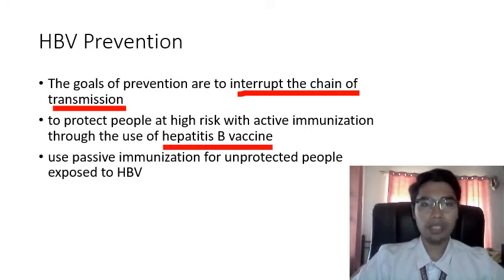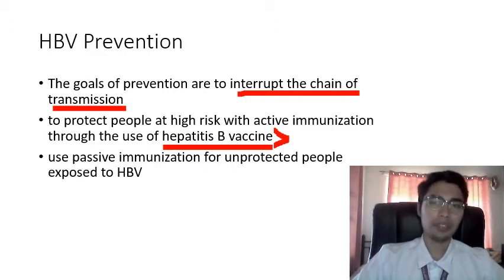So those who are at high risk, those who have multiple sex partners, those who are working in the medical field, who handle and are in contact with fluids and blood, usually it is recommended for them to have the hepatitis B vaccine. And then use passive immunization for unprotected people exposed to HBV. So that's the immunoglobulins or antibodies for those who have been exposed, which are the family members in close contact with the patient.